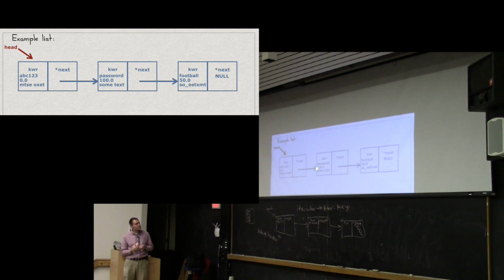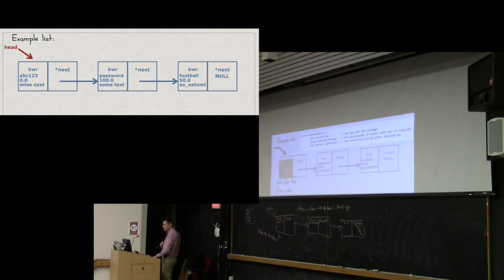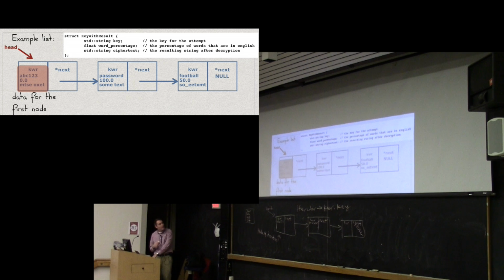And then it's got a next which points to here. And this one's got something else. This one happens to be perfect 100% and it's some text. You can read it. Next, and then football, whatever. And then this one's null. That's what your linked list is going to look like. There's the data for the first node. There's the data for the second node. There's the data for the third node.